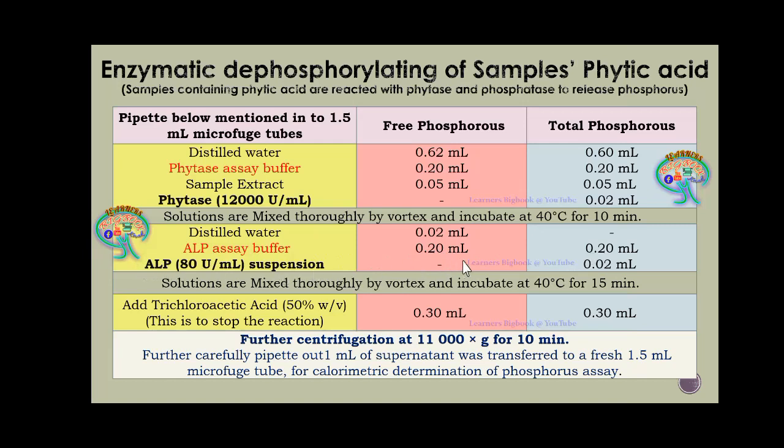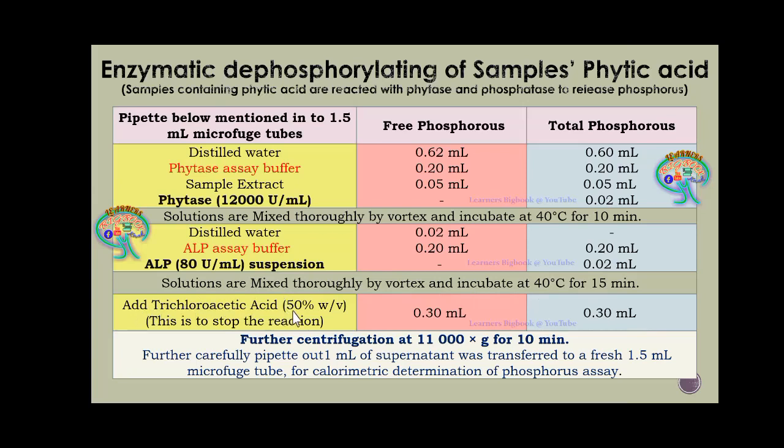And alkaline phosphatase suspension, the enzyme, is added only to the total phosphorus tube, 0.02 ml. Here you can see the components have to be mixed thoroughly and incubated at 40 degrees centigrade for 15 minutes.